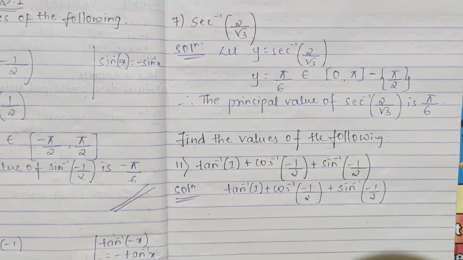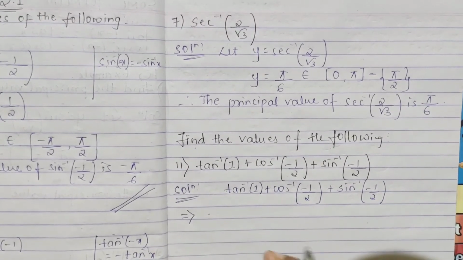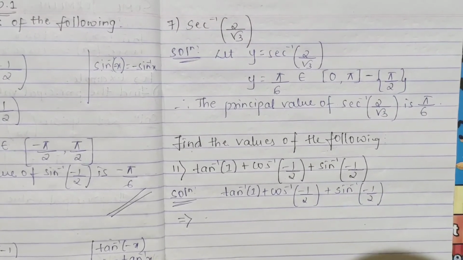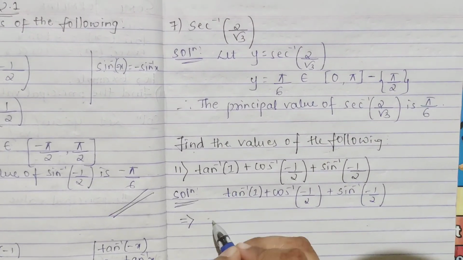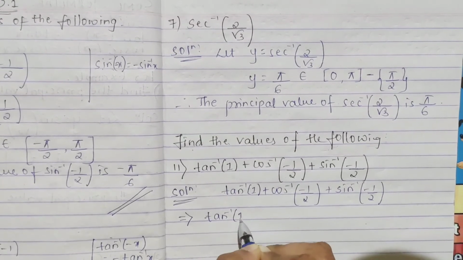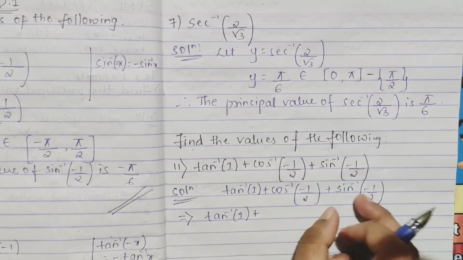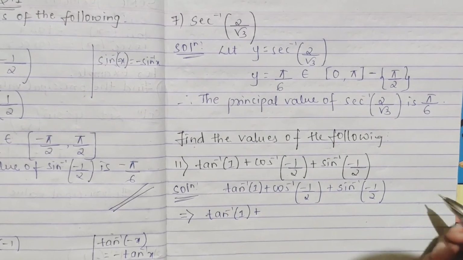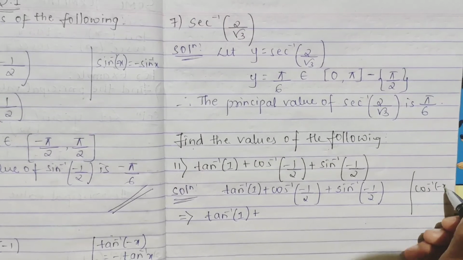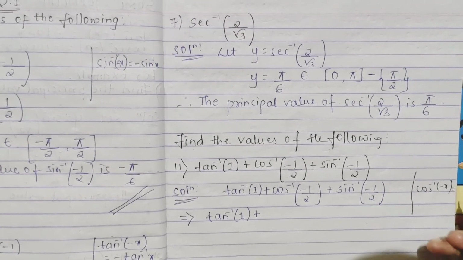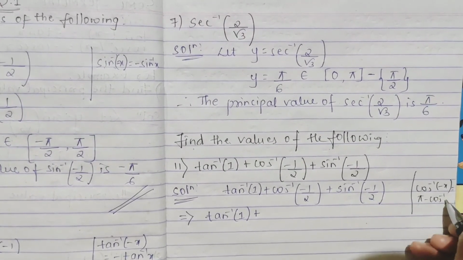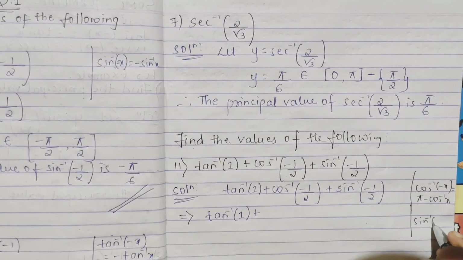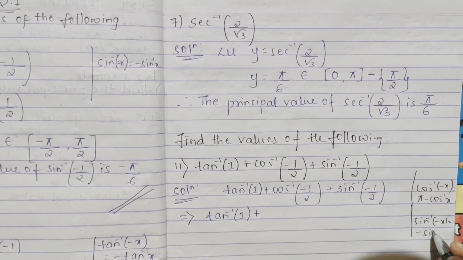You should remember the formula I have told you. Tan inverse 1, what is the value? First we will keep this as it is because we will solve the other part. Cos inverse of minus 1 by 2, this uses which formula? Cos inverse minus x, and cos inverse minus x becomes pi minus cos inverse x, right. And sin inverse minus x becomes minus of sin inverse x.